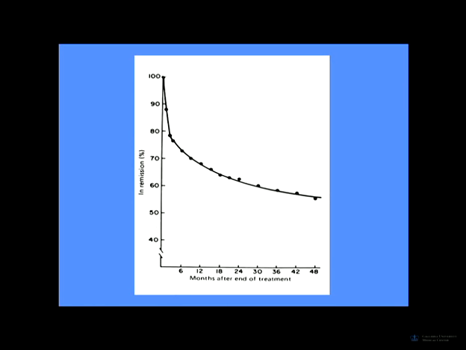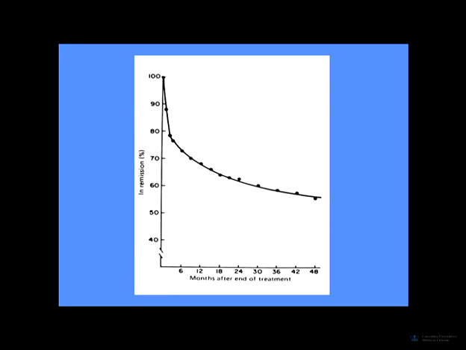Somewhere around a quarter of patients who are in remission and stop the thiourea will relapse within the first 6 months, which means that 75% of patients are left in remission. After 12 months, somewhere around a third of patients will relapse. So 66% or so of patients will remain in remission.